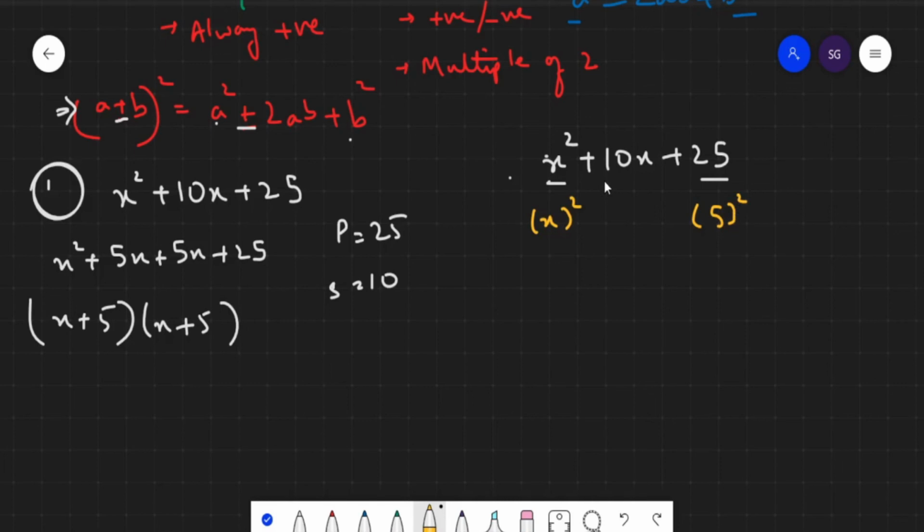Now about this 10, it has to be a multiple of 2, as I just mentioned. So 10x has to be written as 2 times something, in fact, 2 times 2 other values. One of them is x, which is already identified from the first term, and the other one is 5 from the second term. So you can see that it results in 10x, and there we are.